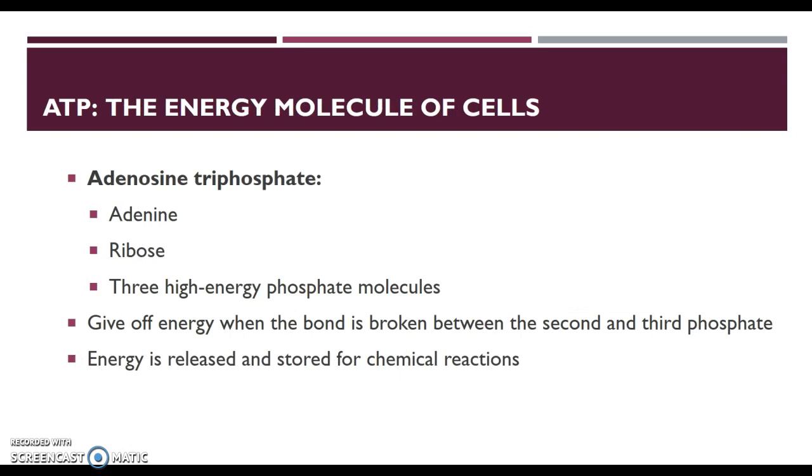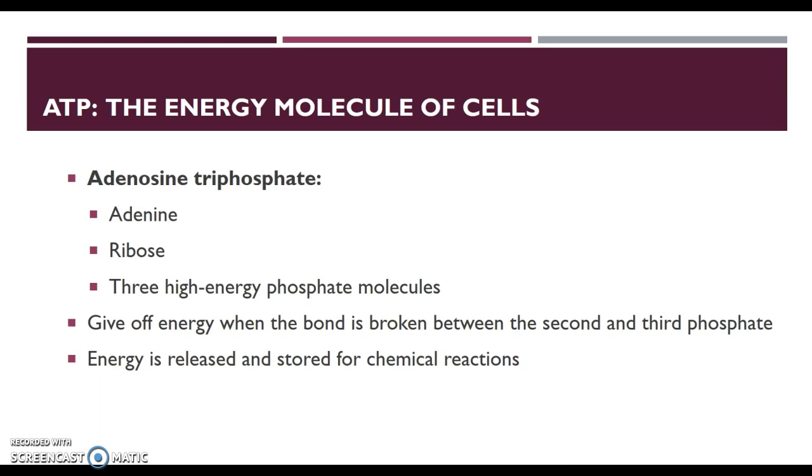Okay. ATP, or adenosine triphosphate, is also a nucleotide. However, ATP is not involved in protein synthesis or heredity. It does not contain genetic information.